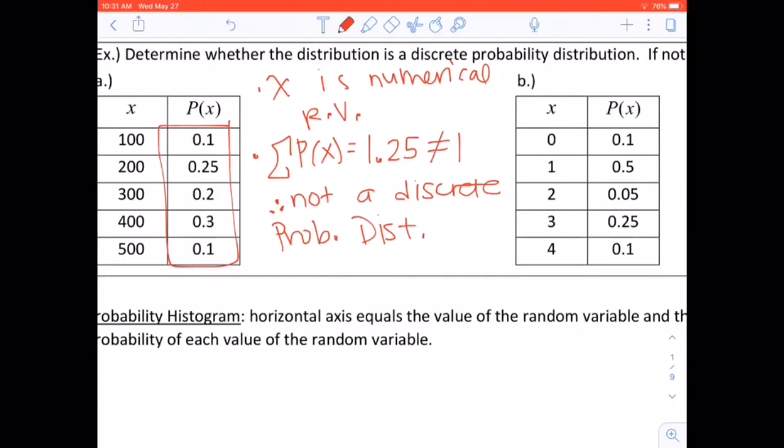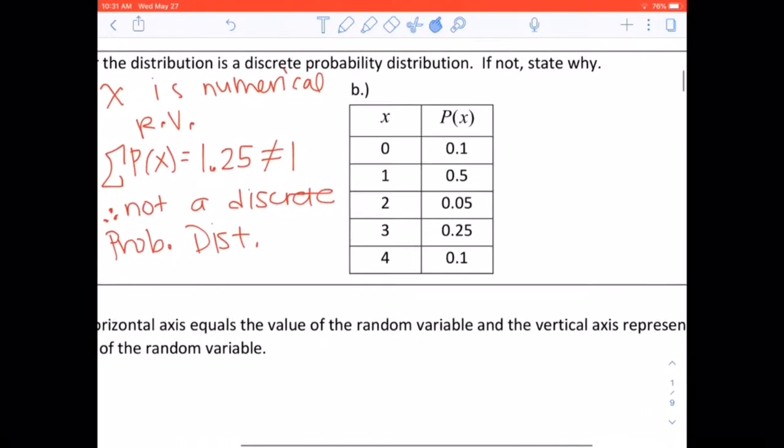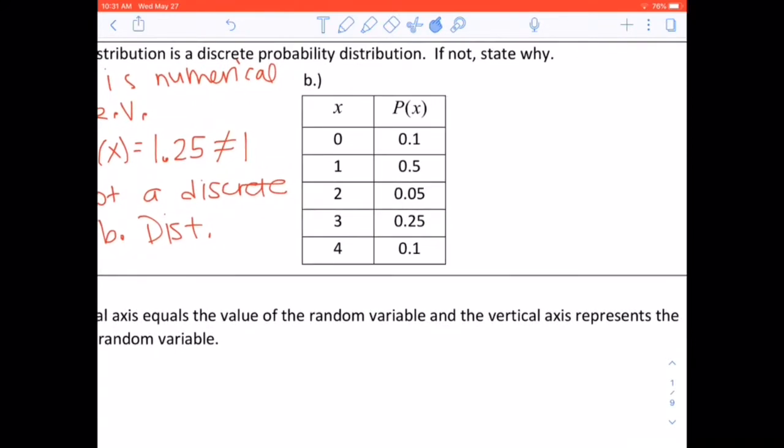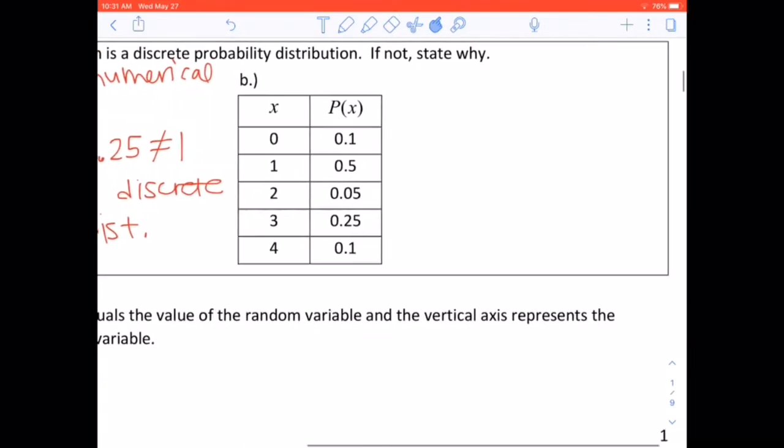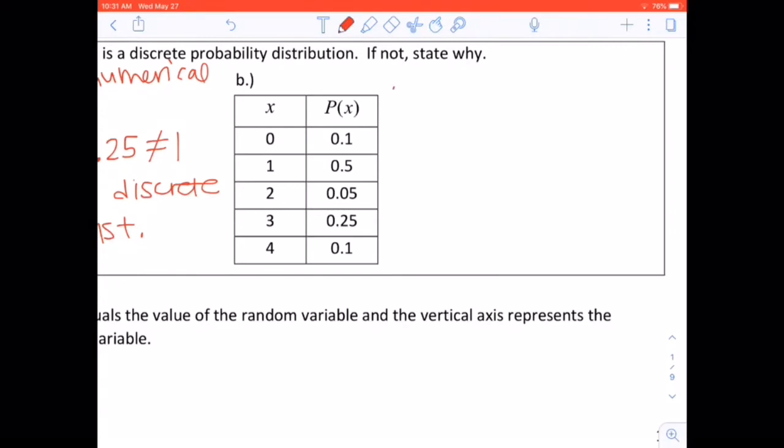Once one of those 3 things is not met, we can say that it's not a discrete probability distribution. So part B, same question, different distribution this time. First, your x random variable has to be numerical, and it is. So x is a numerical random variable, and I'll put RV for random variable. Second, check to make sure the sum of all these probabilities equals 1.